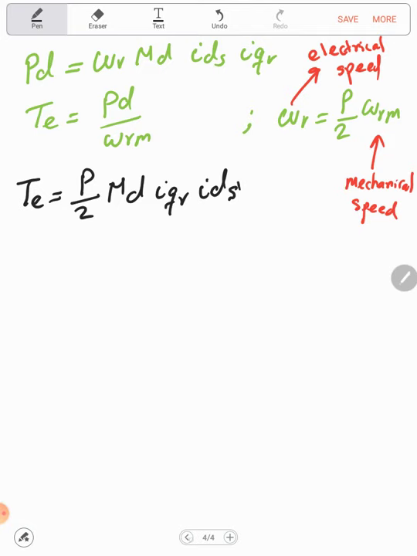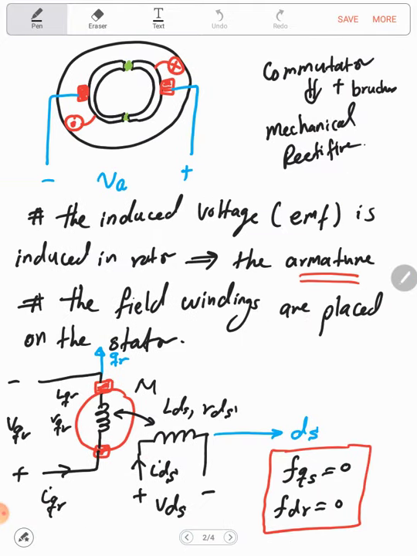Now, this is actually a separately excited DC machine. Why? Because the armature and the field are separated. So here we can say that IA is equal to IQR and IF is equal to IDS.